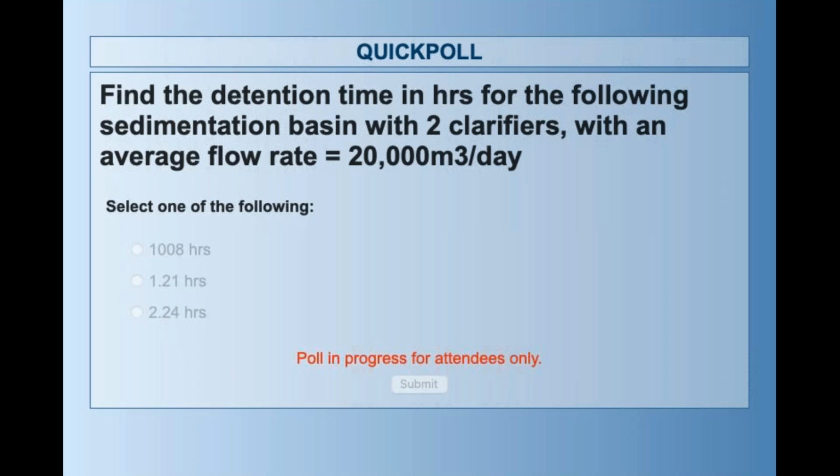And just know that that 2 is highlighted for a reason. So I've made it a little simpler. I've given you 3 answers instead of 4 this time. So our options are a little over 1,000 hours, 1.2 hours, or 2.24 hours.